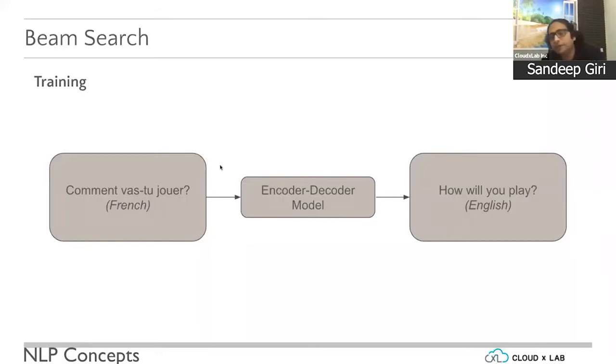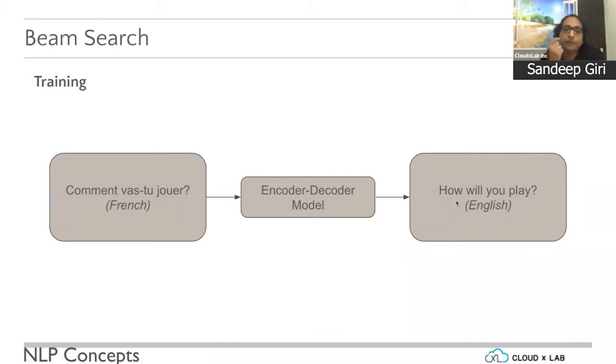When we are doing the translation from one language to another, what we want is that when somebody says "comment allez-vous", it should be converted into "how will you play", right? This translation has to happen. And this is the encoder decoder model. Now, we are not going to predict the entire sentence in one go.